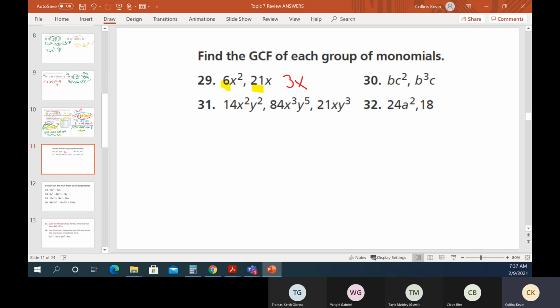All right, so number 30. We don't have any numbers to deal with. That's a good thing, right? So this one here, we just need the smallest power for B and C. So what's our answer going to be?